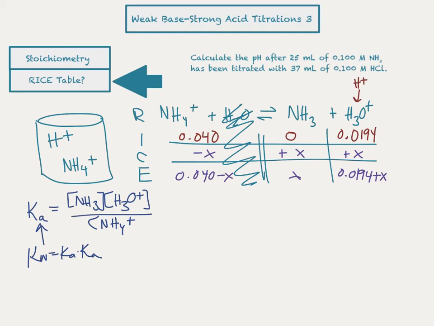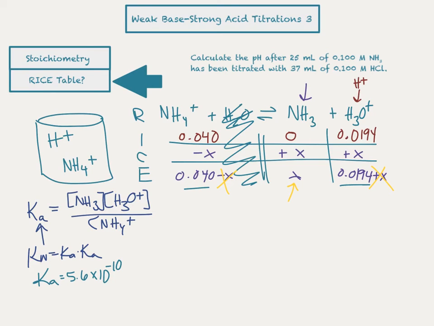If we look at what our x value actually is, and the fact that the Ka for this scenario is 5.6 times 10 to the negative 10, which is a really small number in comparison to these starting concentrations, we would generally use the 5% rule and just cross off these x's. Finding x for this type of problem is not really helpful.